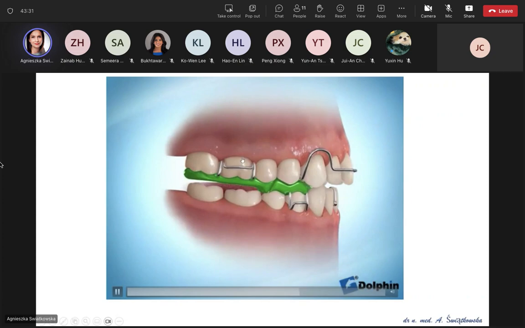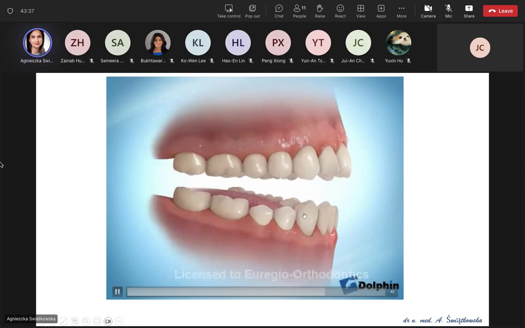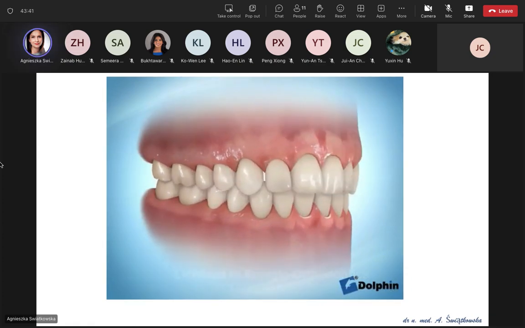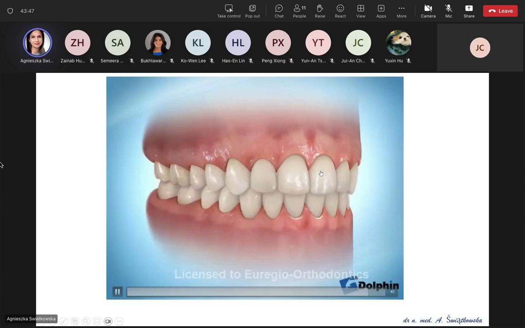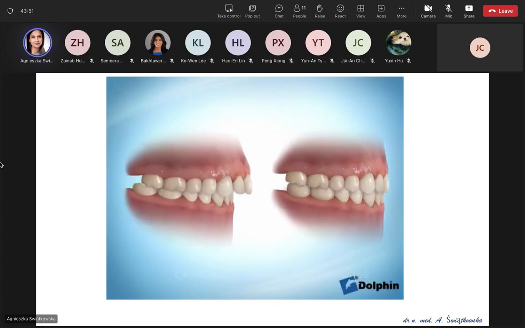We remove acrylic here, and then we also have correction of deep bite. Usually the patient after the first part of treatment with a removable appliance, as you see, needs correction of the teeth with a fixed appliance with braces.